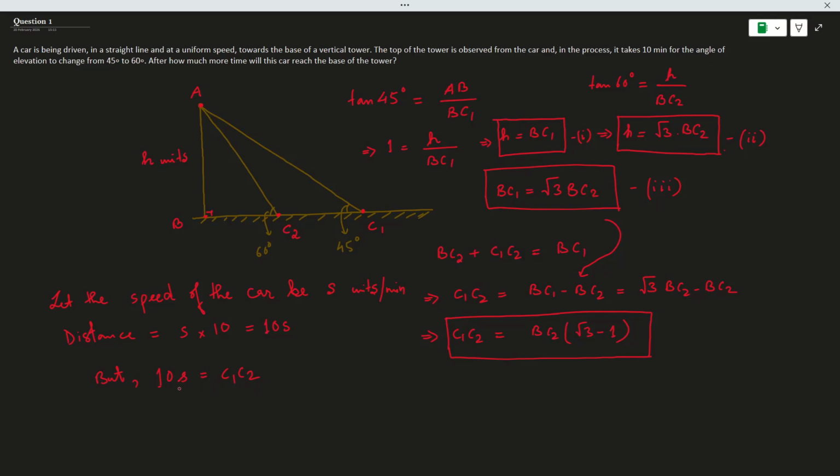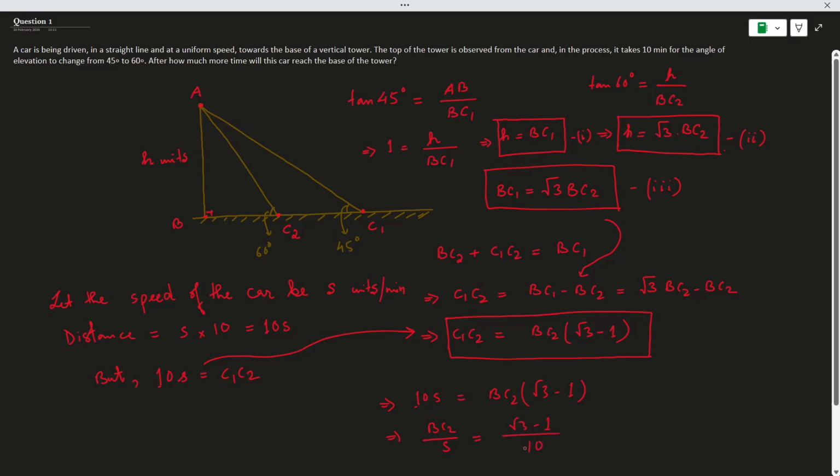Substitute this value in this equation. I will get 10s is equal to BC2 times root 3 minus 1.